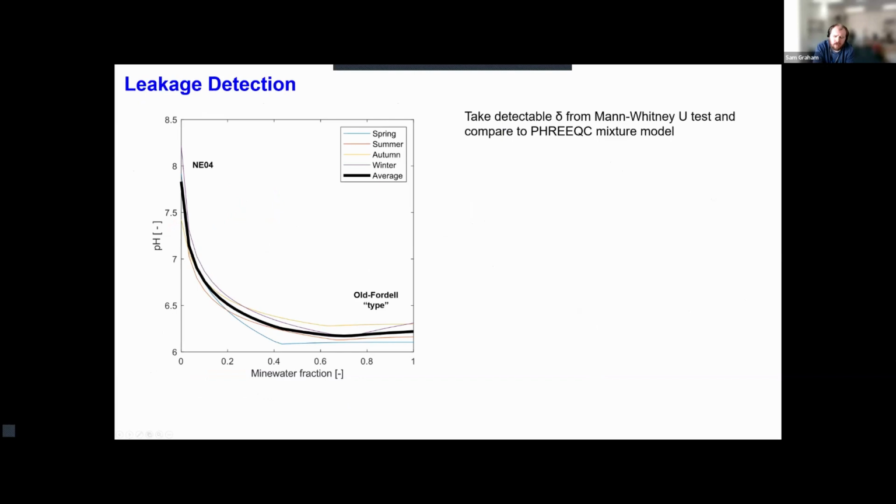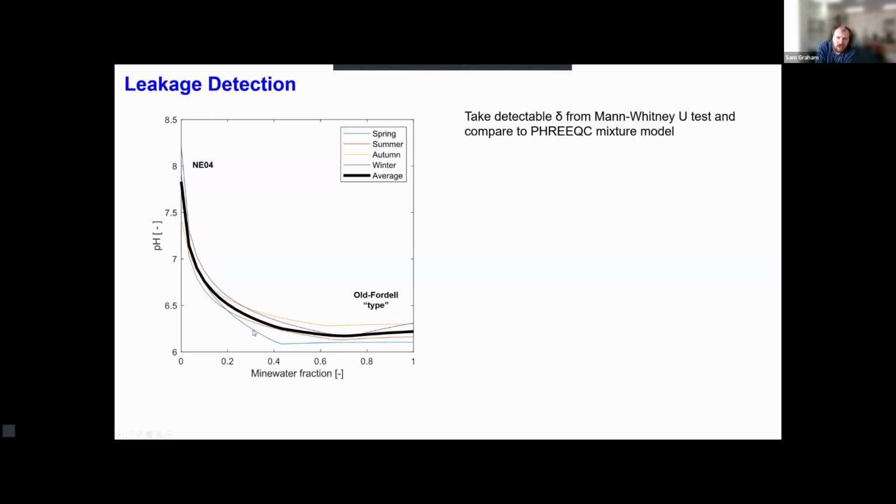So if we run this as a nominal example for pH, we've mixed the river water at the point where the fault is with a Bilston Glen Old Fordell type mine water chemistry and worked out what that mixing would do to the pH.